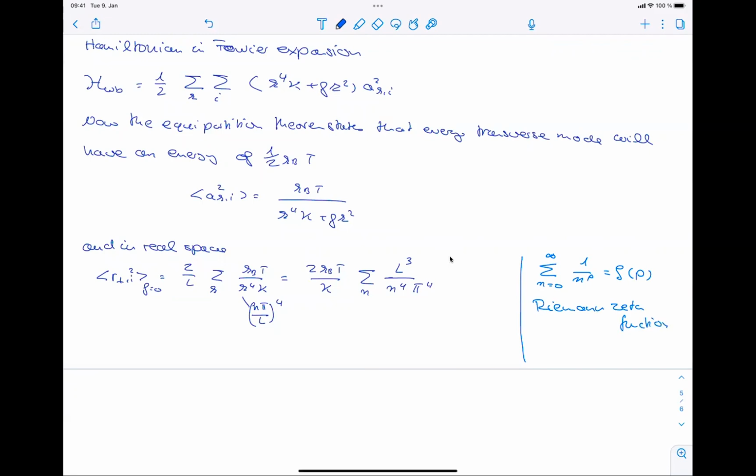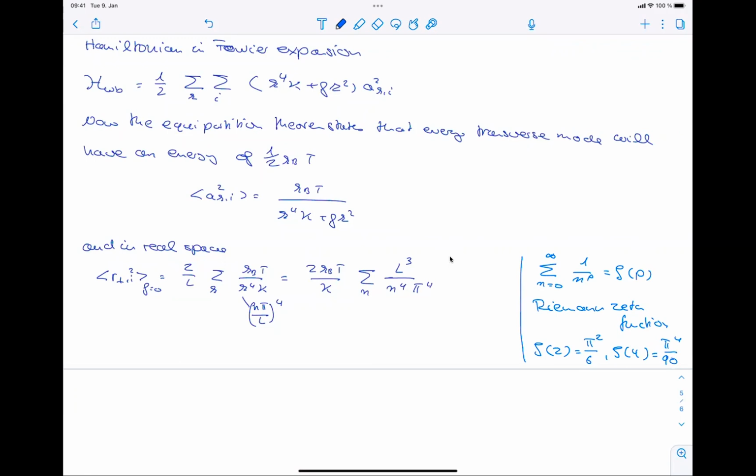And you can calculate its values, notably zeta of p equal 2 is pi to the power of 2 over 6, and zeta of 4 is pi to the 4 over 90, sorry, I think 90.